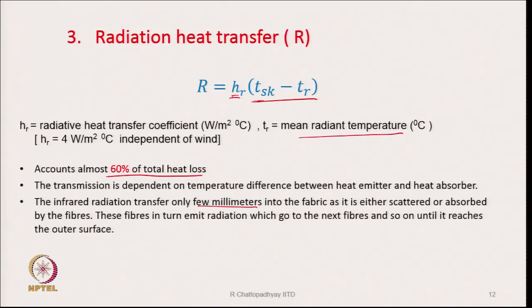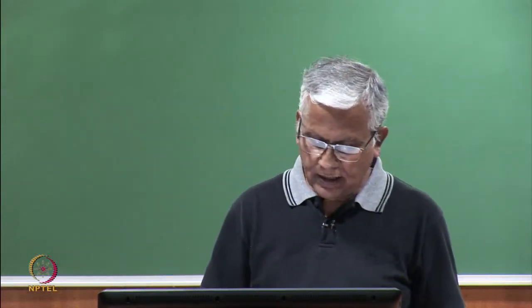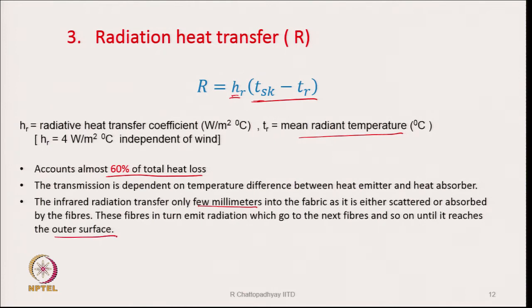Compare the fiber dimension which is in micron with the thickness dimension of the fabric. Obviously, a fabric will consist of a large number of fibers along its thickness also, and the heat will move through radiation from one fiber to the next fiber, from that fiber to the next layer of fibers, like that it will move until it reaches the outer surface.